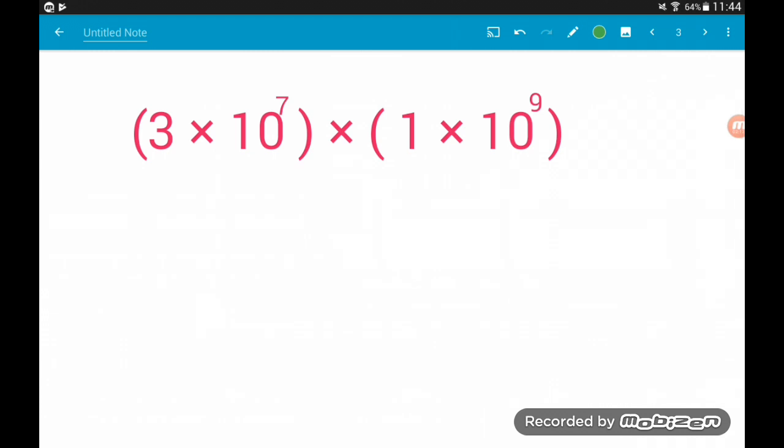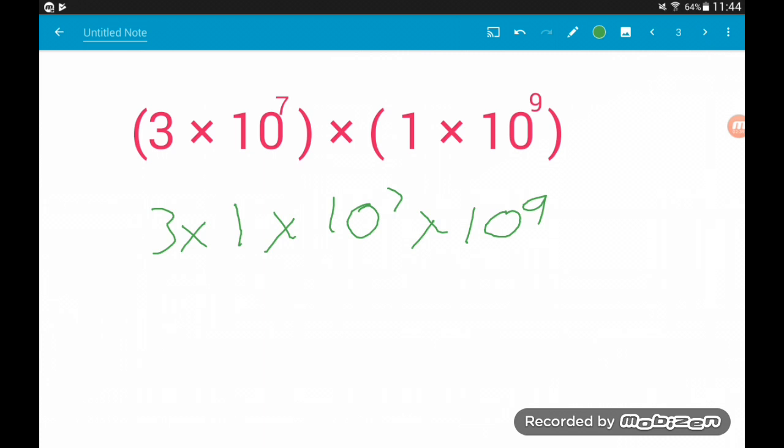Okay, example 2. 3 times 10 to the power of 7 times 1 times 10 to the power of 9. So we're going to do exactly what we did last time. Group the same terms together. So we've got 3 times 1 times 10 to the 7 times 10 to the 9.